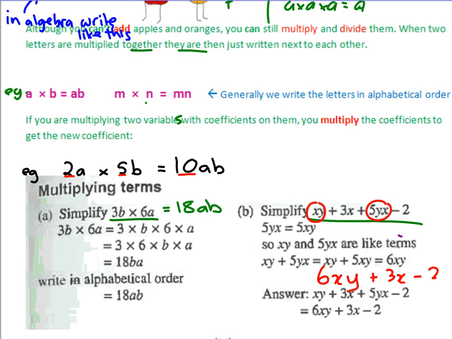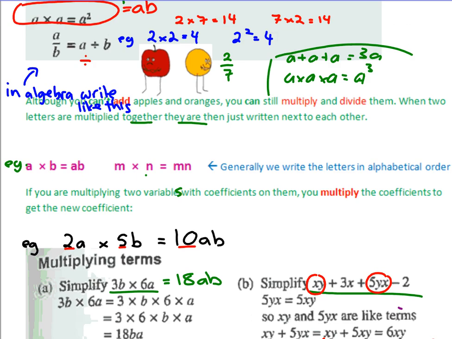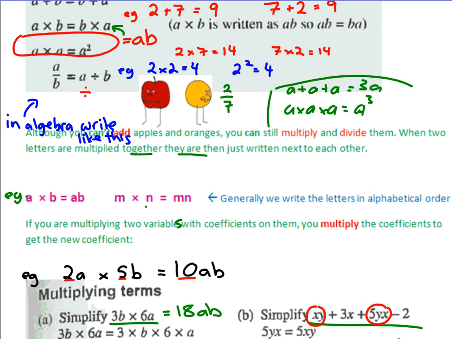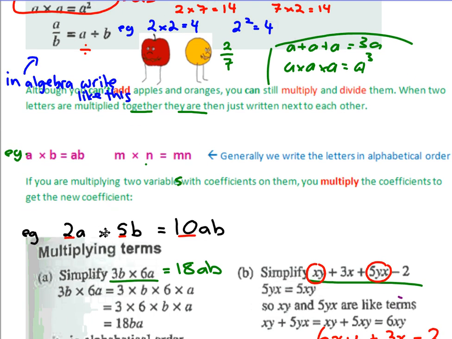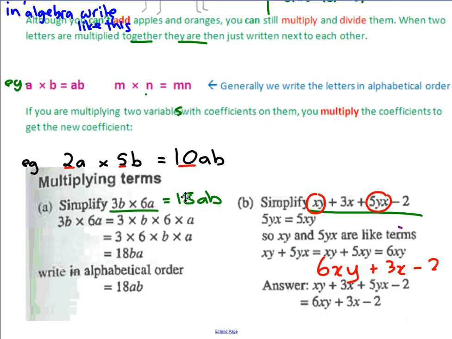As I said, adding and subtracting like terms, I tend to think of it as stacking fruit on a shelf, keep apples with apples and oranges with oranges, and keep them separate. Whereas with the multiply sign, I think of it as making a smoothie. You can combine anything together to make one big smoothie. So when you're multiplying terms together, your answer should just be one term, one big blobby smoothie.